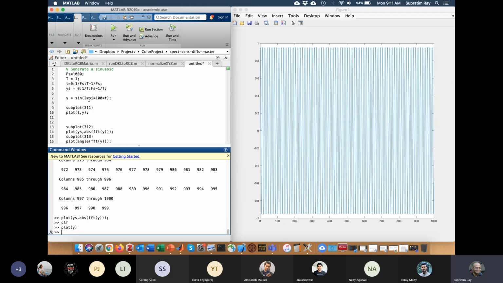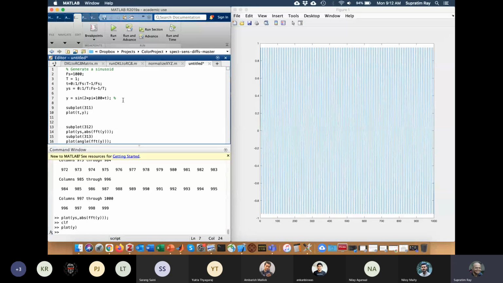So when you write something as A sine 2 pi ft, the amplitude is A, and the frequency is f. So a generic expression, A sine of 2 pi ft plus phi, and this could be sine or whatever.